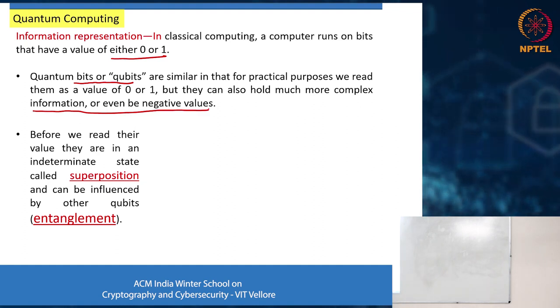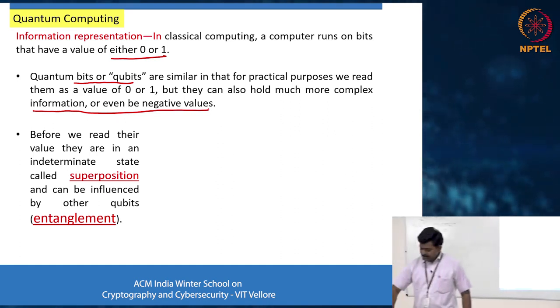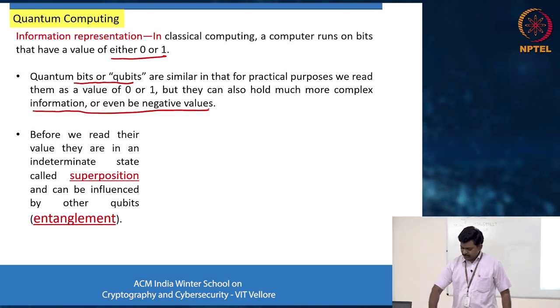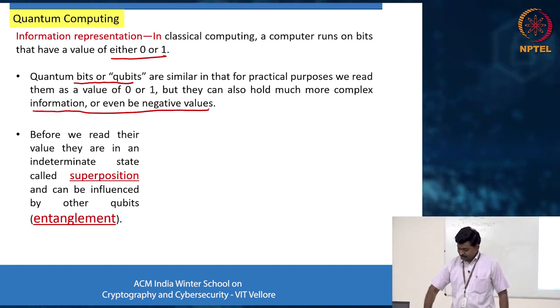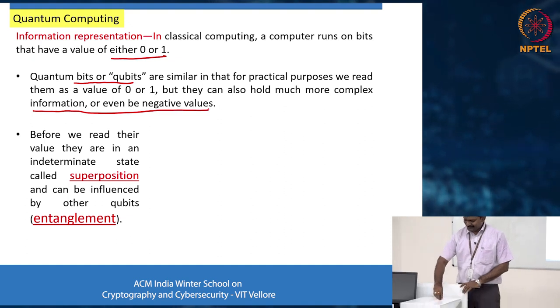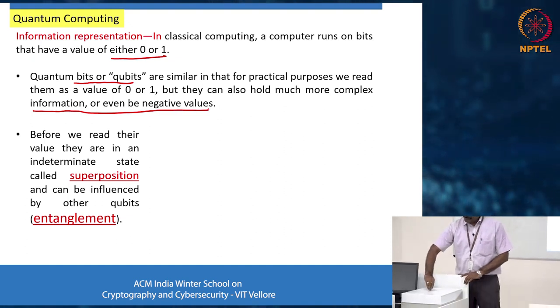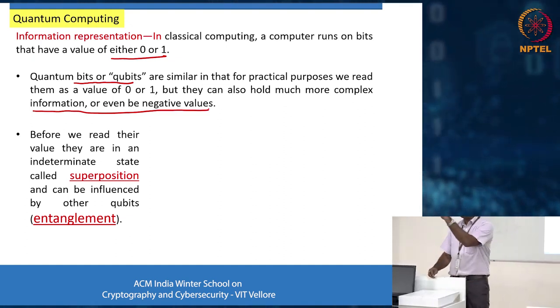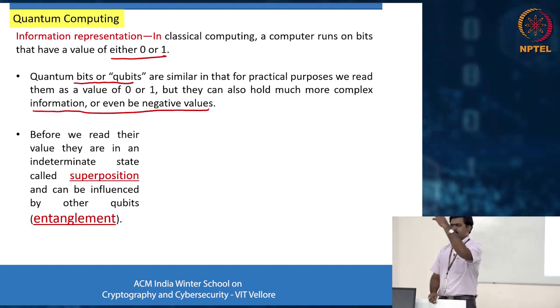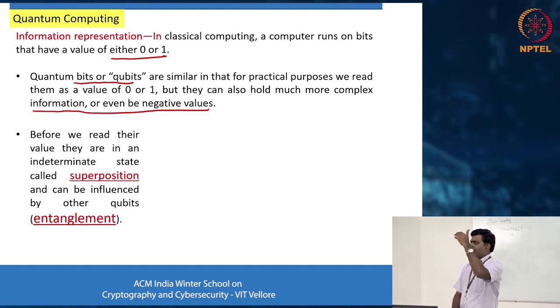If I spin this coin, the coin is in a spinning state. It rotates and oscillates through different angles, between 0 and 1, or head and tail.